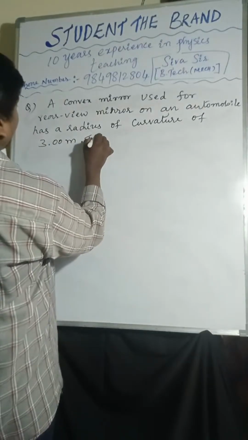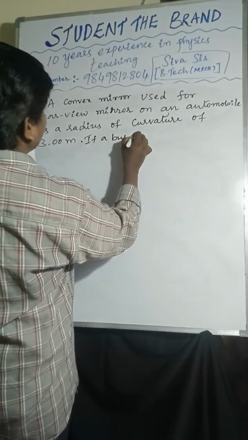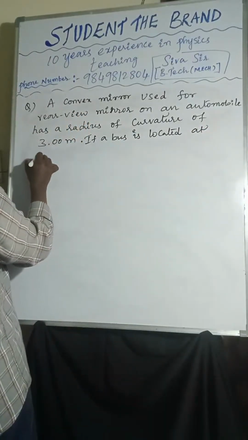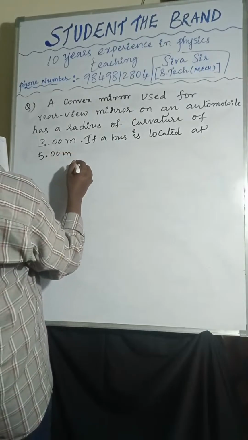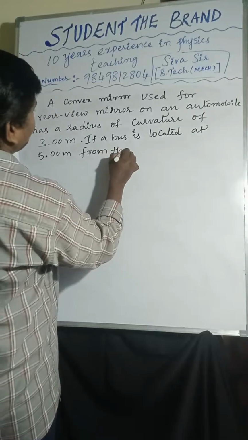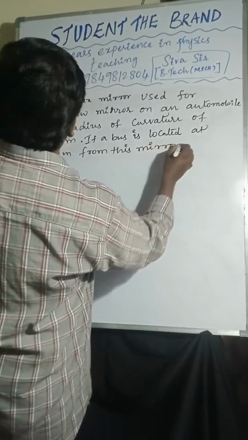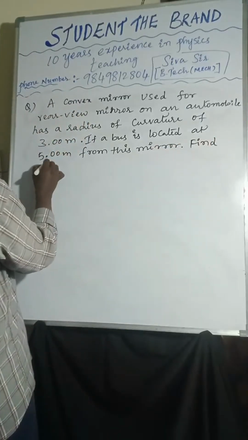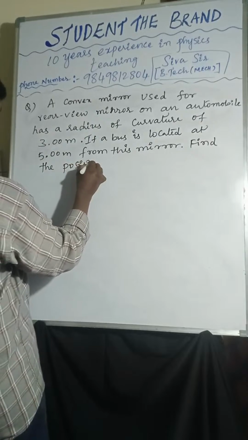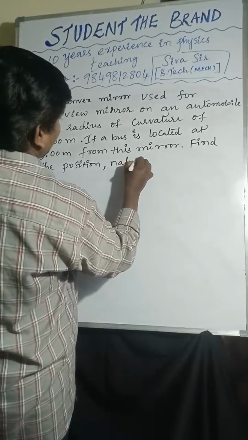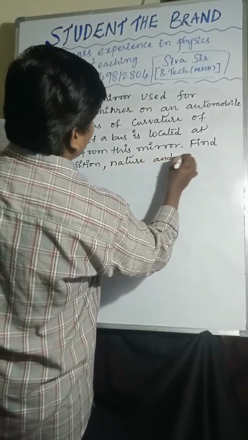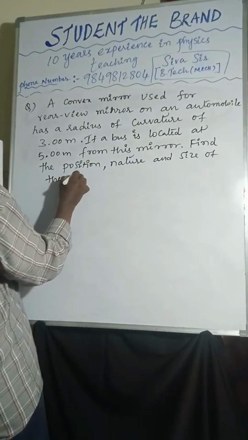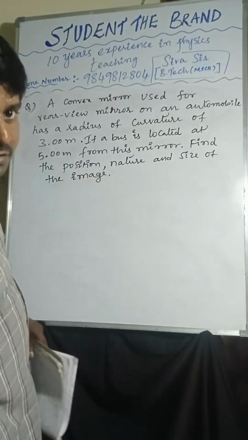If a bus is located at 5 meters from this mirror, find the position, nature and size of the image. So this is the question.